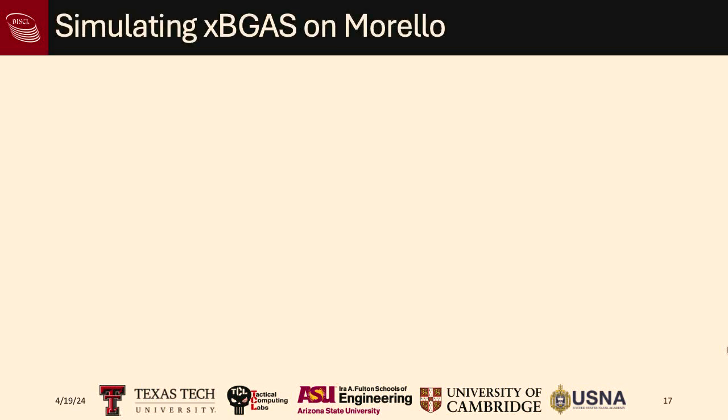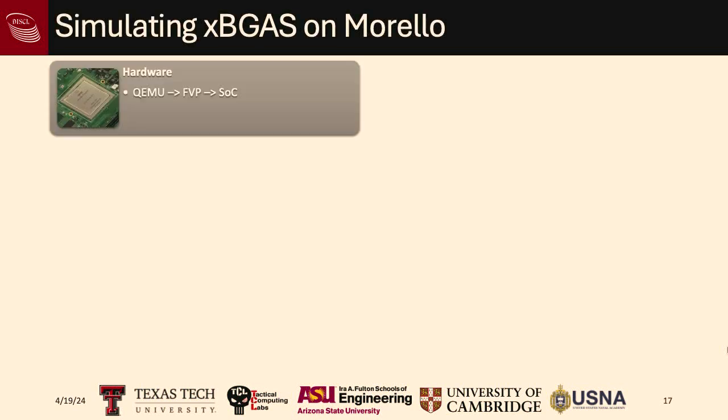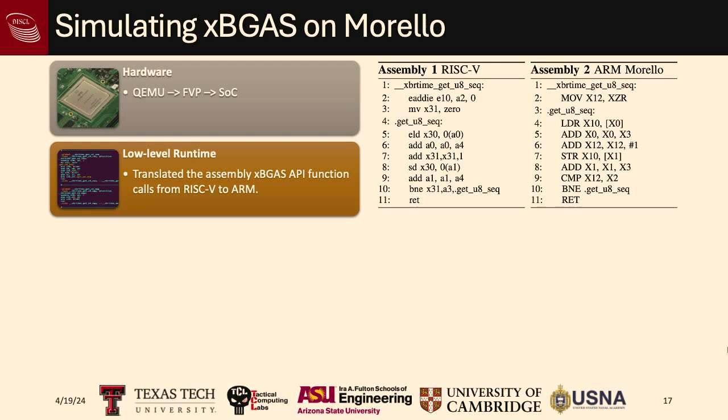For simulating this, we experimented on QEMU FVP, and right now on an actual ARM Morello board. We translated some of the xBGAS RISC-V instructions to something that would be equivalent for simulation purposes.